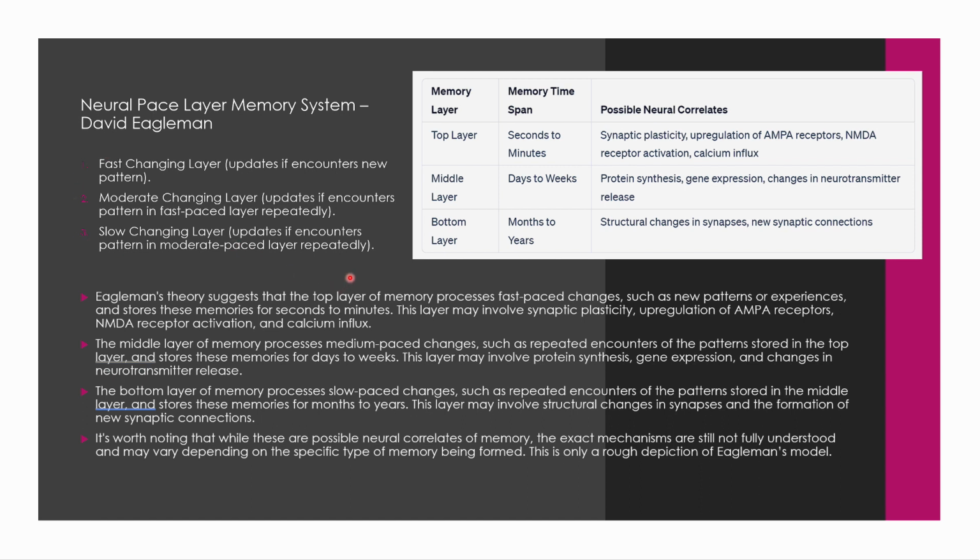And he did say that it may be that long-term potentiation is not the whole solution of storing memories. There may be these other things like gene expression, of course, up and down regulation of AMPA receptors, whatever, that play a role in memory storage as well.